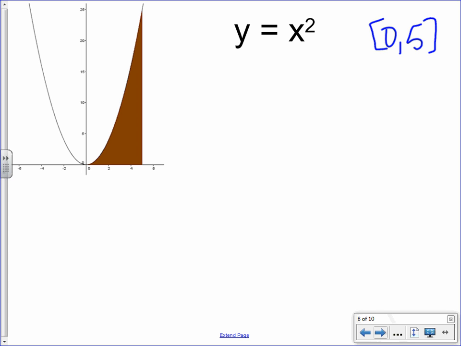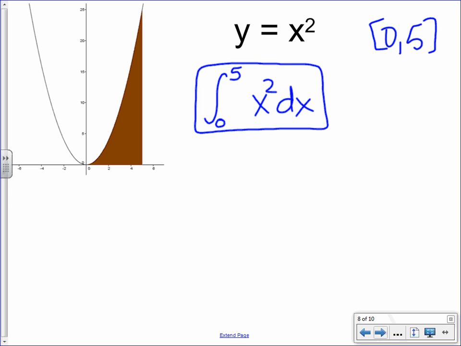Infinitely many. I know, we're in that mindset of how many do I need, but infinitely many. We'll sum them all together. All right, so first of all, the area under this curve, we write the integral from 0 to 5 of x squared dx. This is what we are finding.